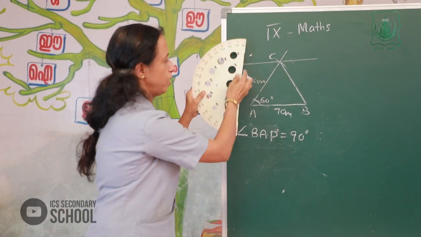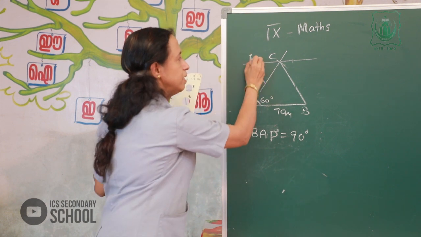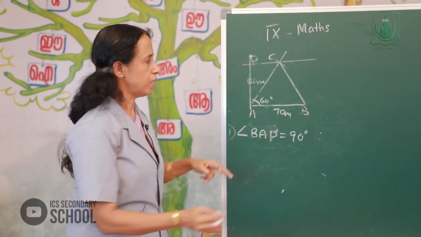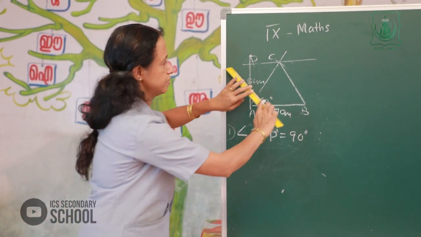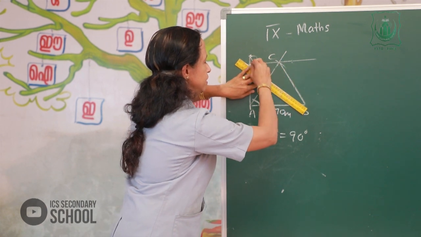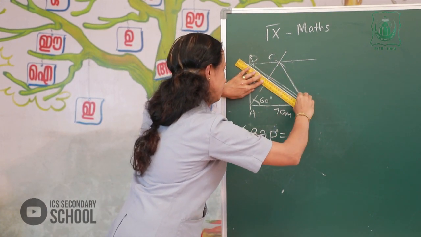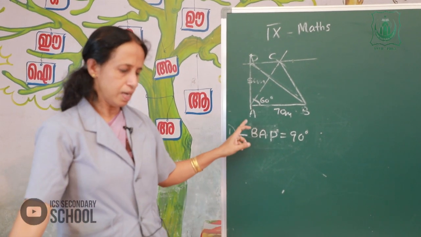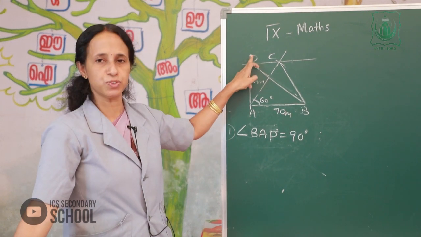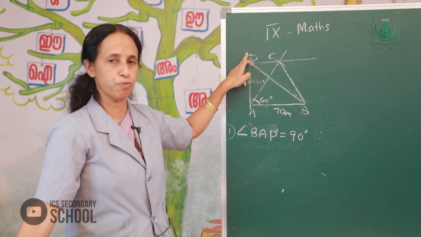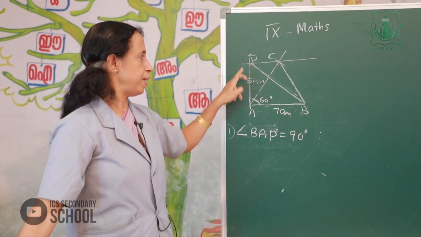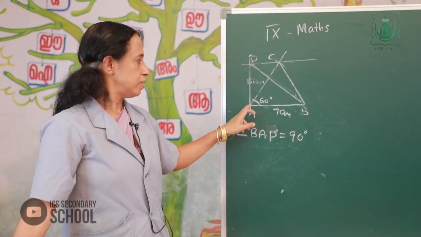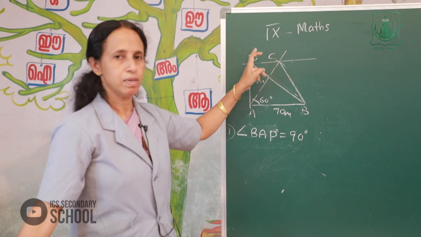This point, join, here P. Connect P to B. Here triangle BAP is formed. Triangle BAP and triangle ABC are the same area.